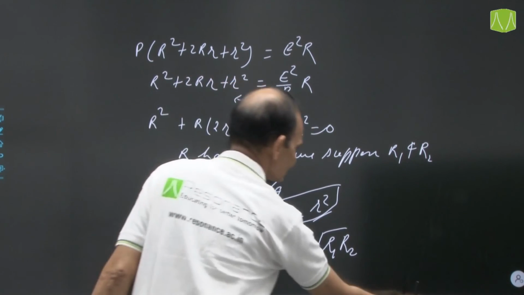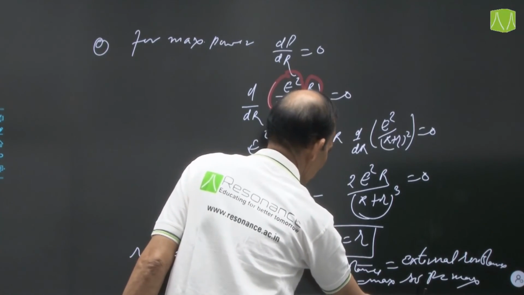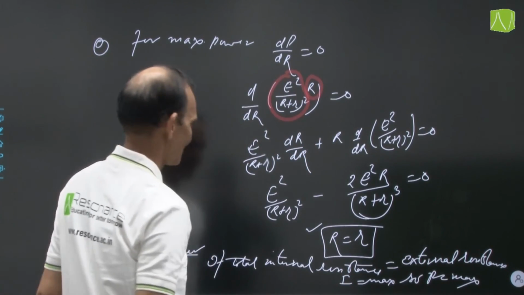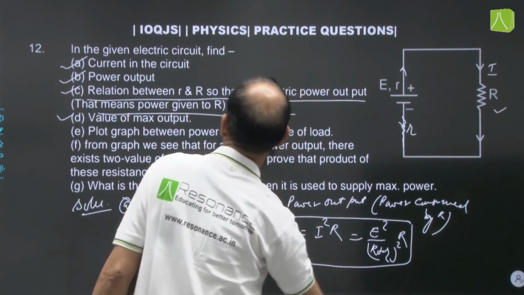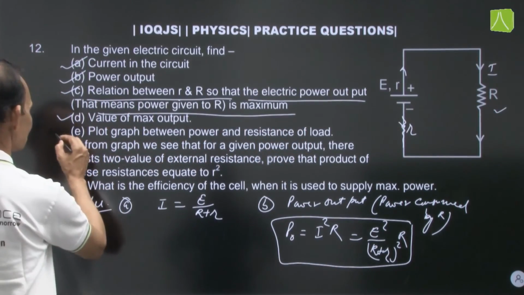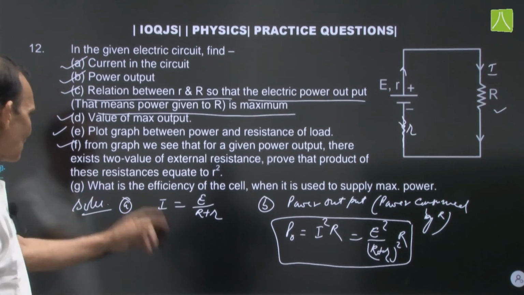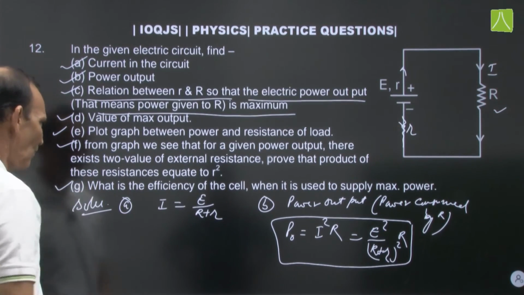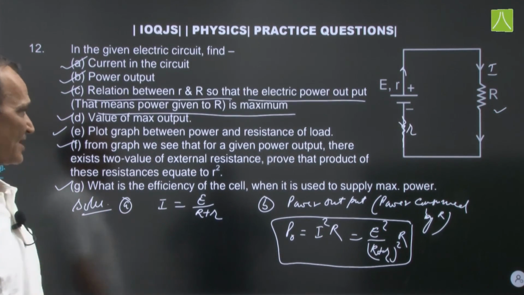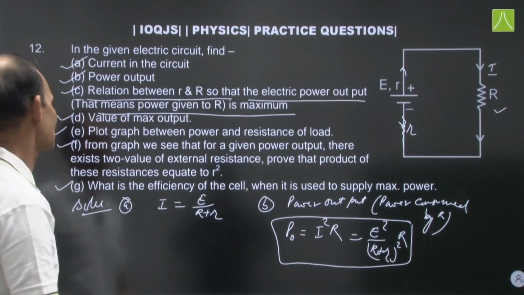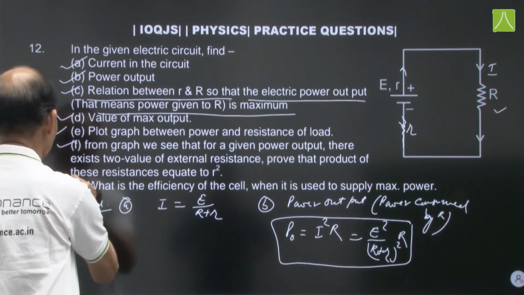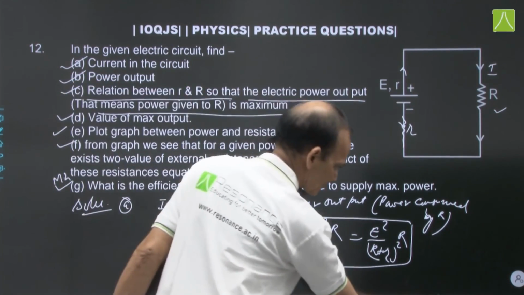Now next, the last part, G, asks what is the efficiency of the cell when it is used for supplying maximum power? It is the most important part, the last part.